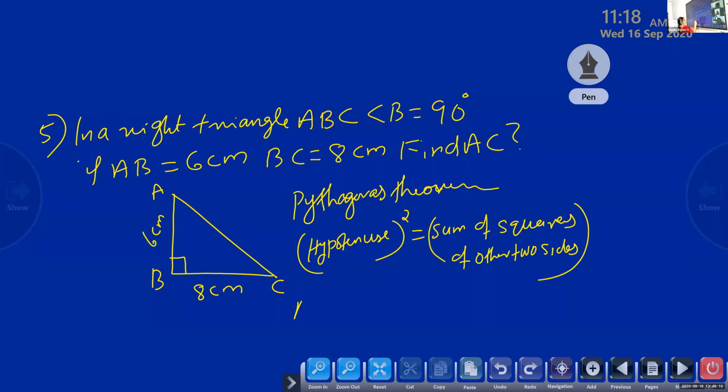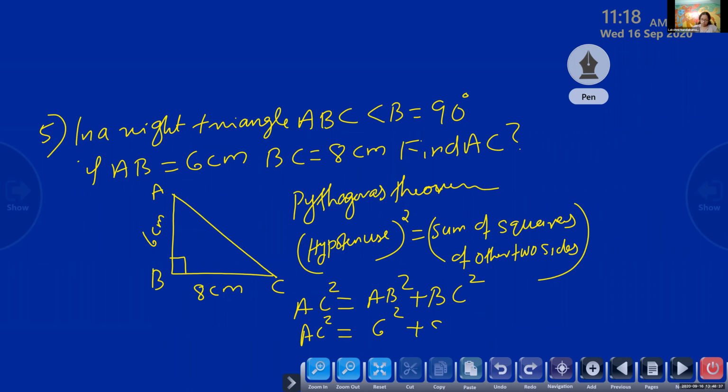That is, AC square equals AB square plus BC square. That is AC square equals 6 square plus 8 square, centimeters. Find how much it is.